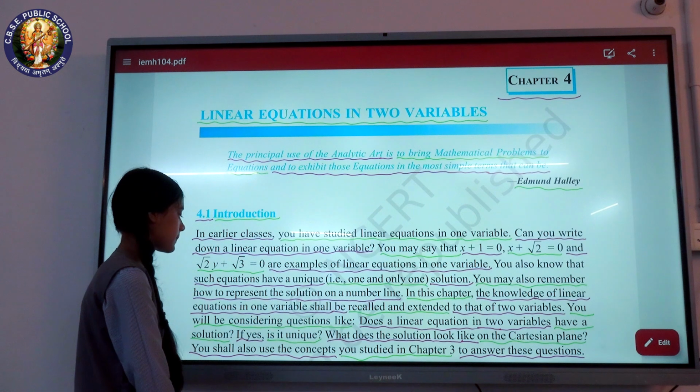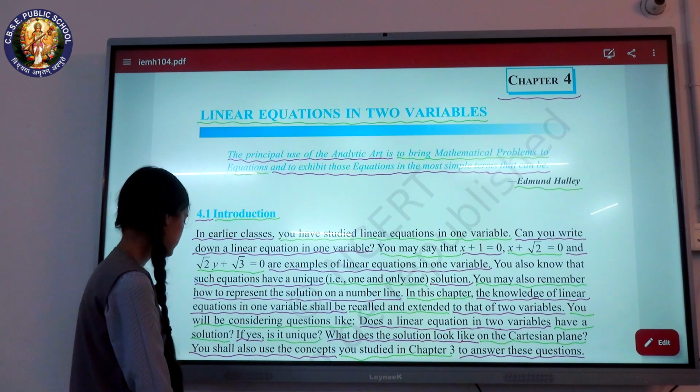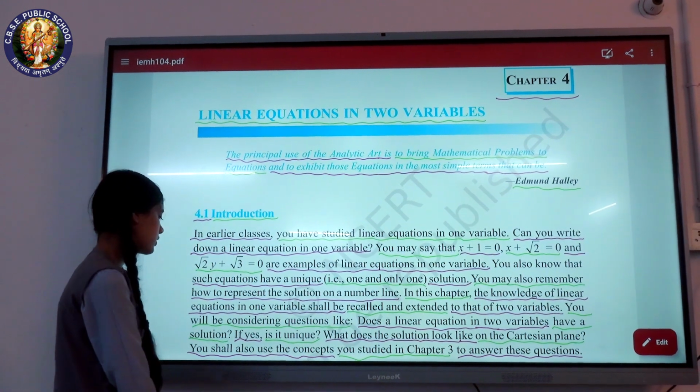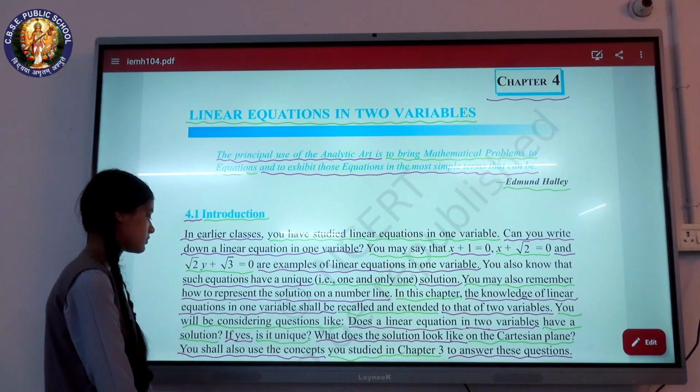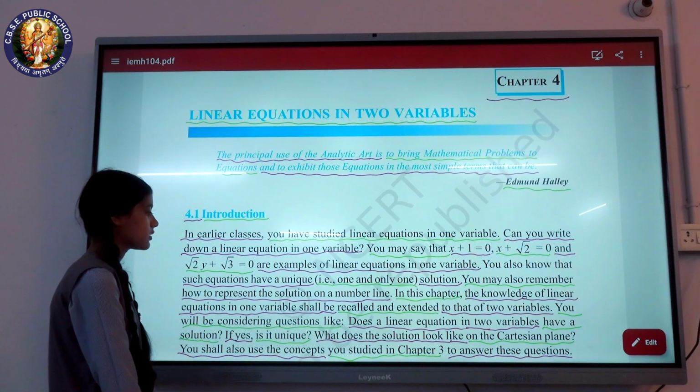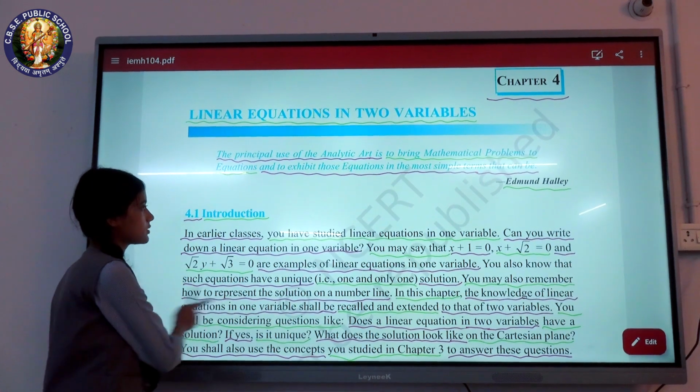If yes, is it unique? What does the solution look like on the Cartesian plane? You shall also use the concepts you studied in chapter 3 to answer these questions.